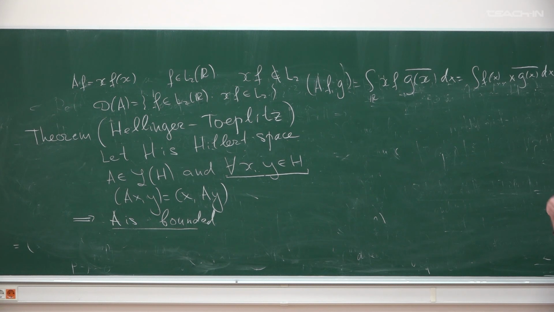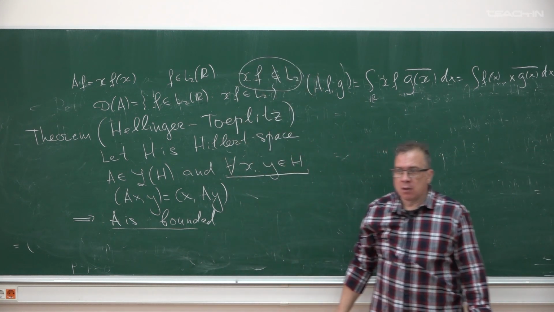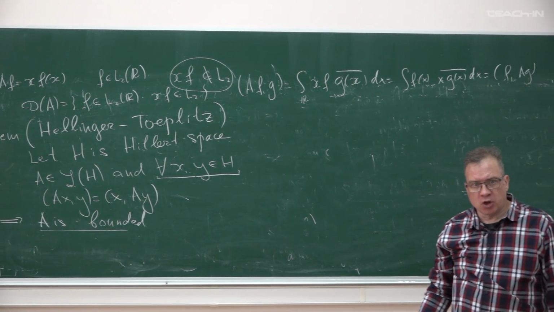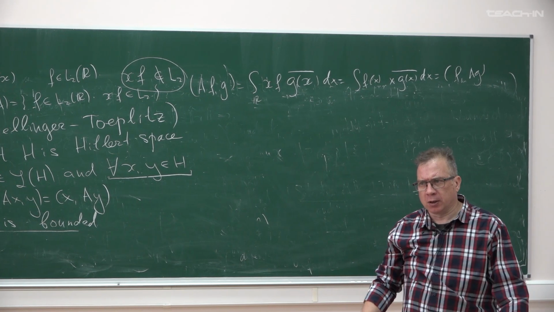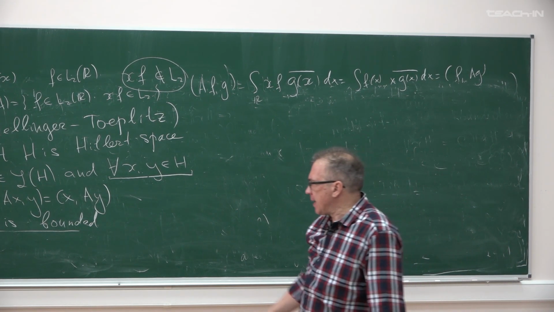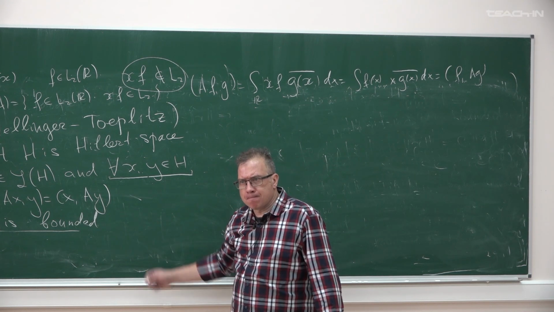But we know that it is unbounded because the image of the operator in the general situation is not from the space L2. So by the Hellinger-Toeplitz theorem, it must have a domain.